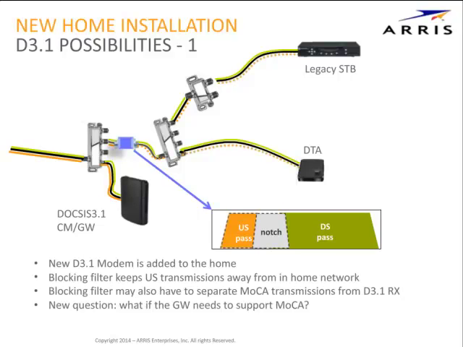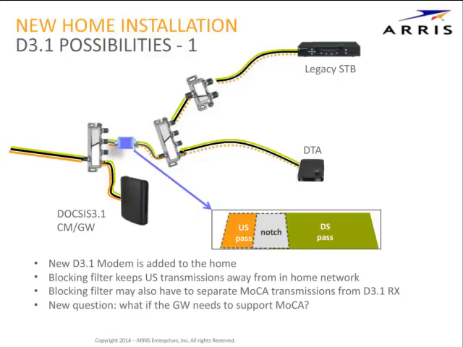But it needs to notch out the 54 to 85 band, or really 42 to 85, so that when this cable modem is transmitting, its reflected signals or leakage signals are not going to interfere with this older equipment.